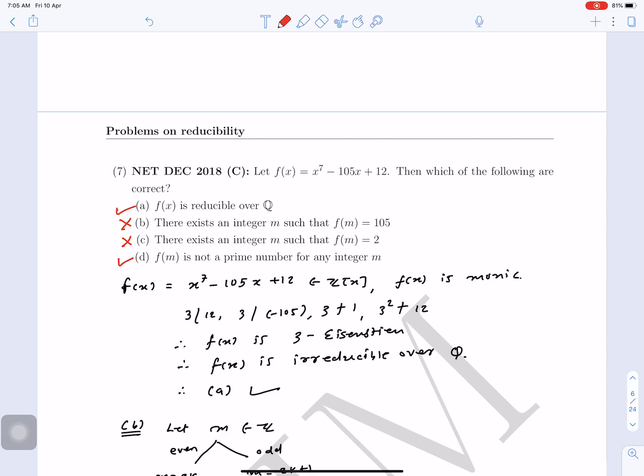Sorry, here in option A, we get f(x) is irreducible over Q, and option A says that f(x) is reducible over Q, so it should be incorrect.